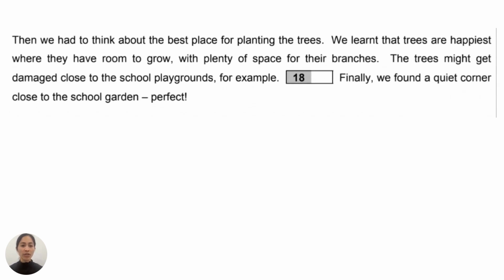Next, number 18. Then we had to think about the best place for planting the trees. It's about the place. We learned that trees are happiest where they have room to grow, with plenty of space for their branches. Trees might get damaged close to school playgrounds, for example. Missing sentence: finally, we found a quiet corner close to the school garden.